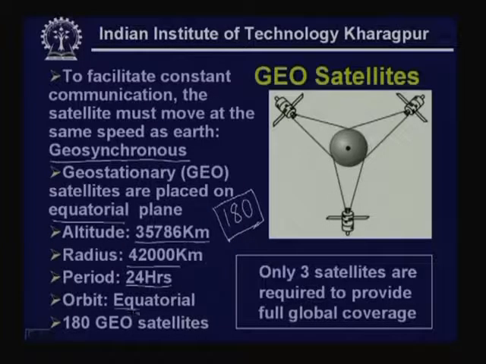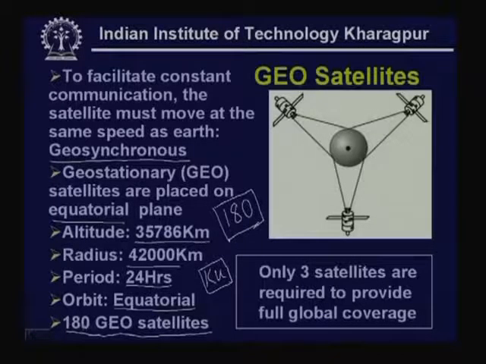And as I mentioned, the orbit is on the equatorial plane, and you can have at most 180 geosatellites based on the present day technology.